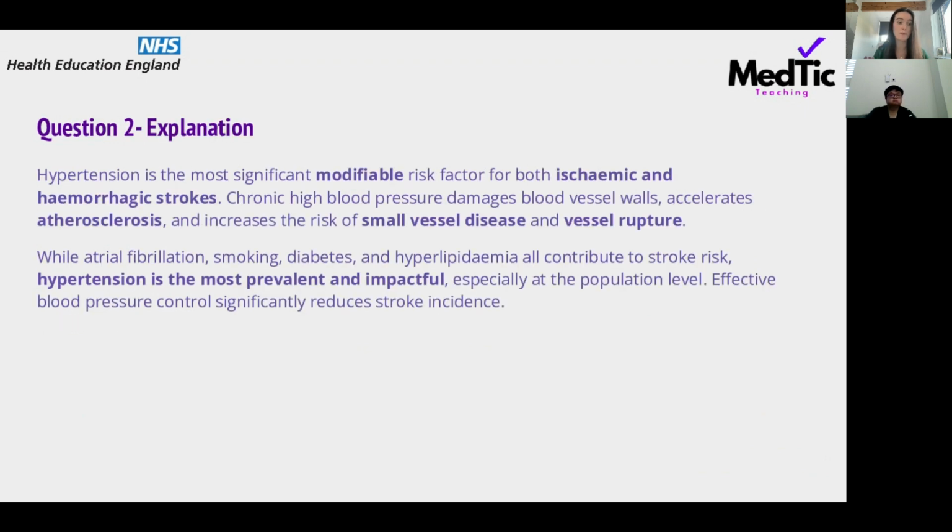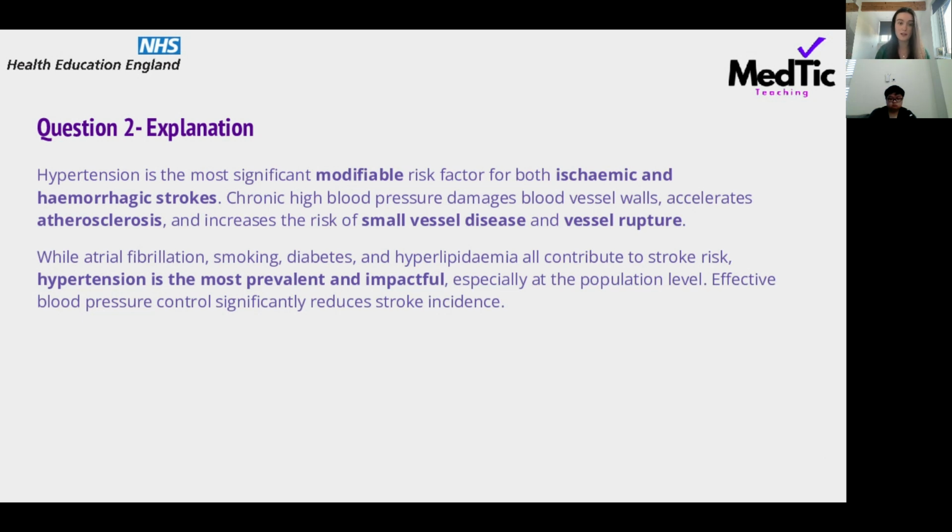That means that chronic high blood pressure is the thing that puts people at risk of stroke as a modifiable factor the most, because it damages the blood vessel walls over time. It accelerates atherosclerosis, makes the walls more sticky, it increases the risk of small vessel disease, and it also increases the risk of vessel rupture causing hemorrhage as well. So it increases both of those risks kind of equally.